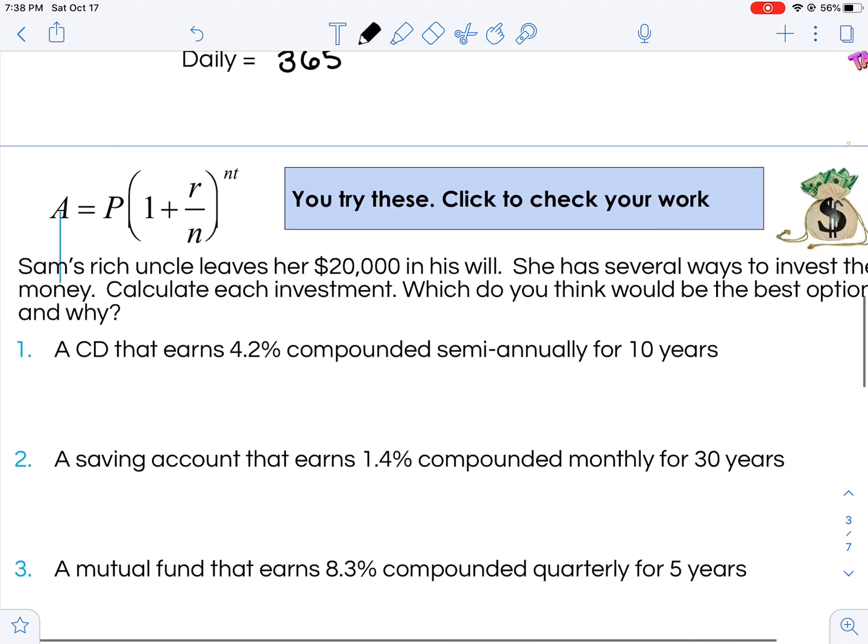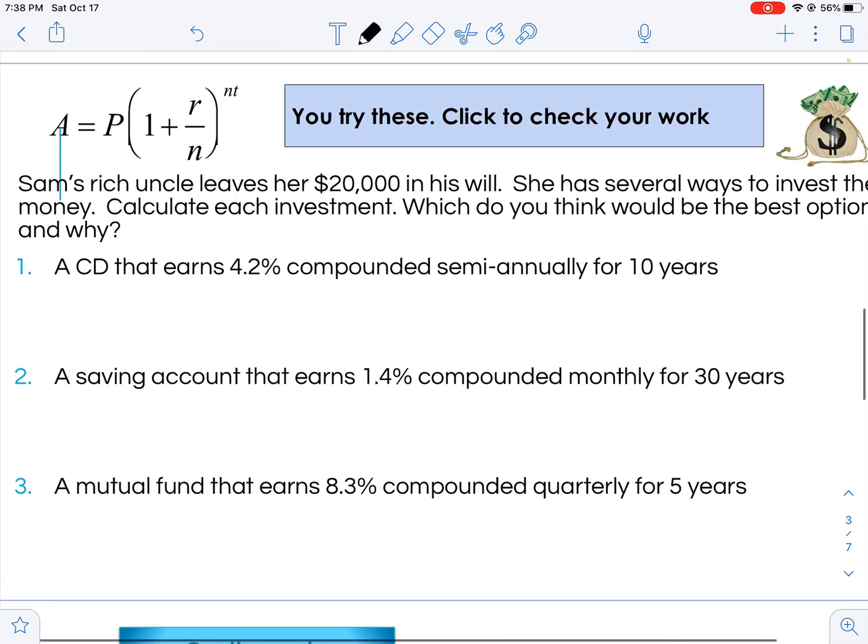So let's look at a couple of these. Let's say Sam's rich uncle leaves her $20,000 in his will, and she has a couple ways to invest. So we're going to calculate some investments just to see some different options and think about which one you think is the best option. In every case, we have $20,000.